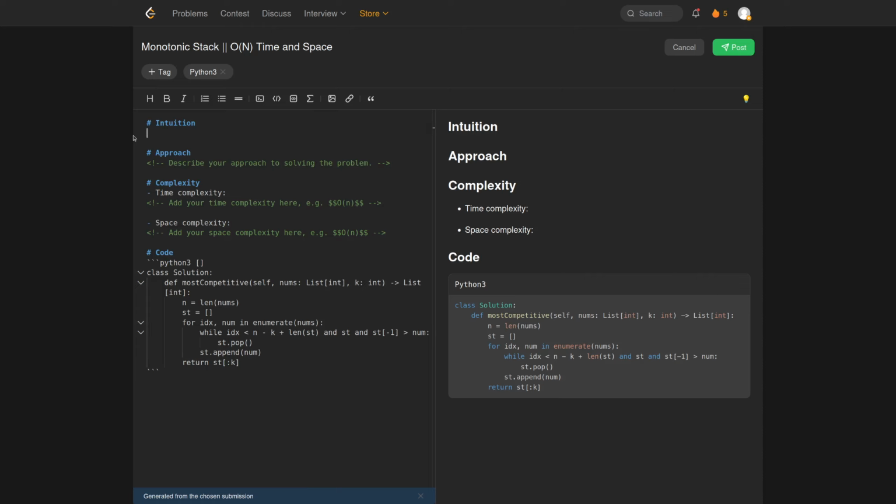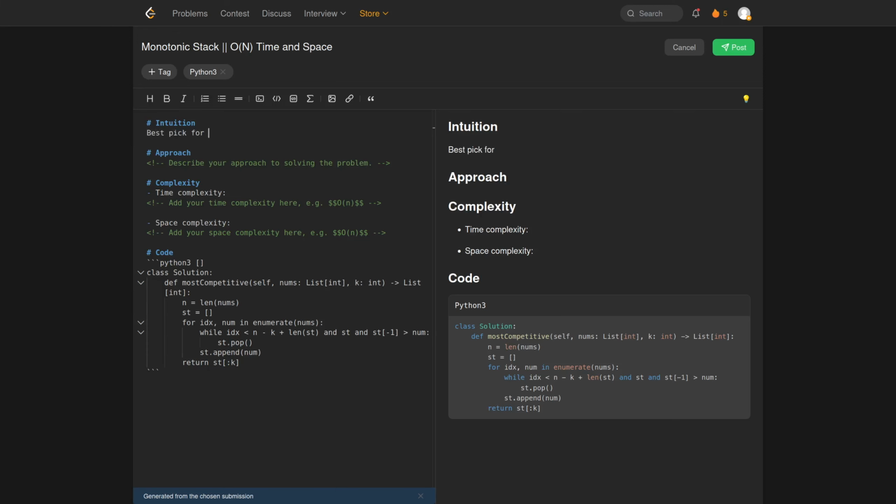Okay, so the best pick for the first digit is the smallest number.